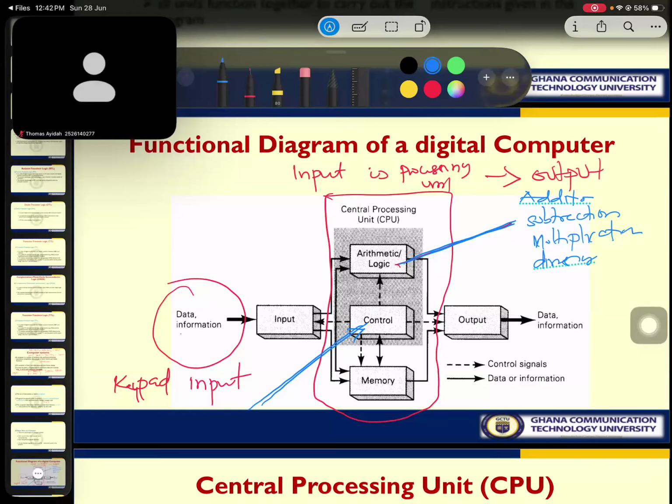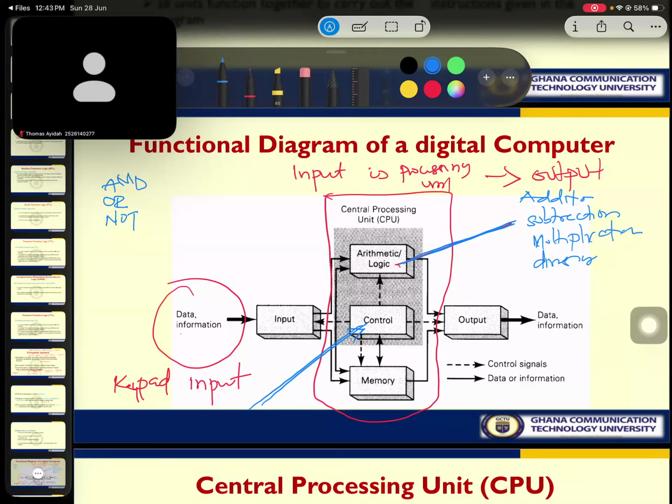And the logic operations are AND, OR, and NOT. So the ALU is part of the CPU that performs both mathematical and logic operations. So if the computer is asked to calculate, let's say 5 plus 3, it is the function of the ALU to perform the addition.